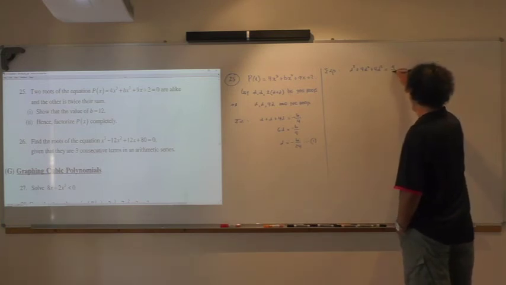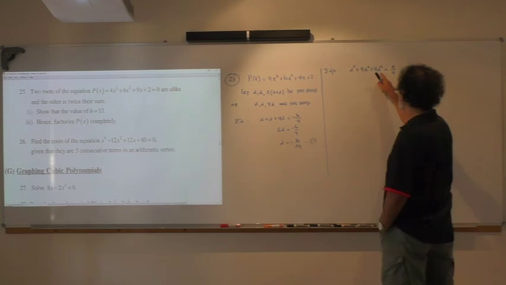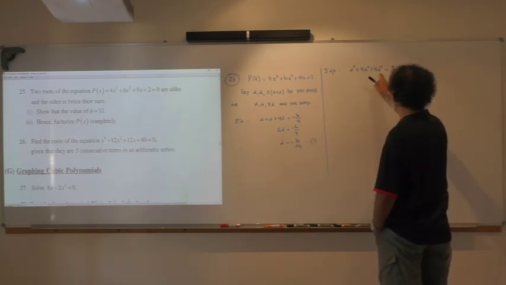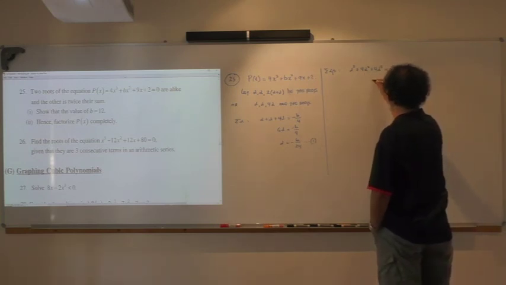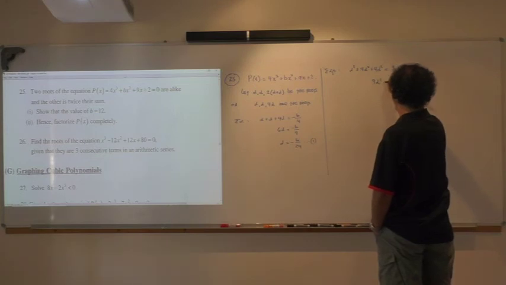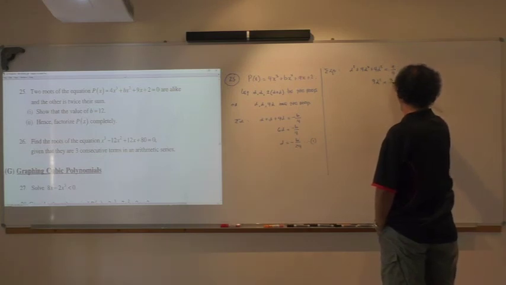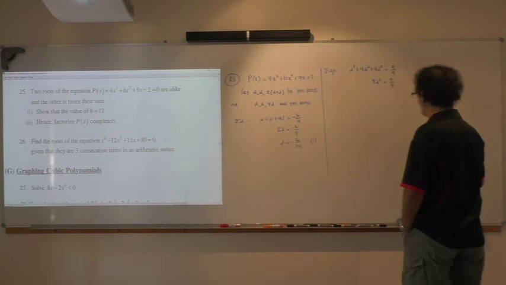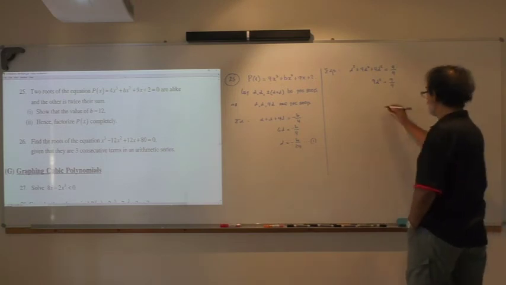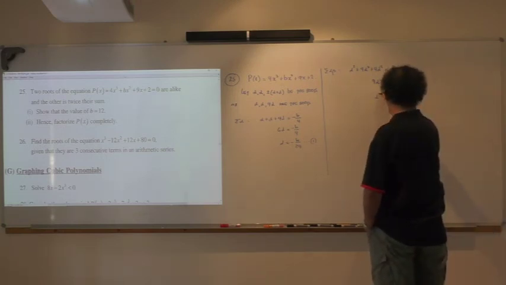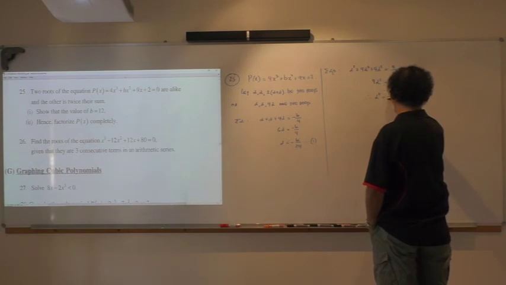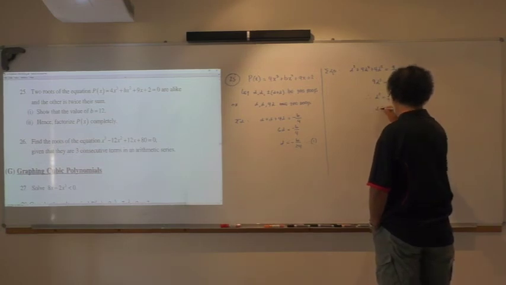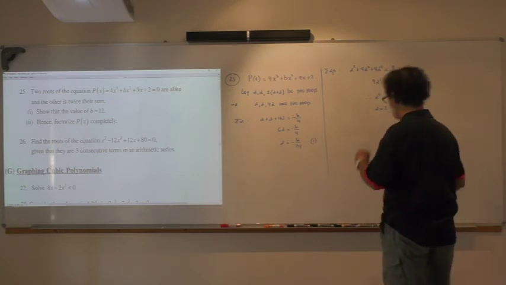That is equal to 9 over 4. But how many alpha squares is this? 9 alpha squared is equal to 9 over 4. Therefore alpha squared is equal to a quarter, so alpha is equal to plus or minus a half.